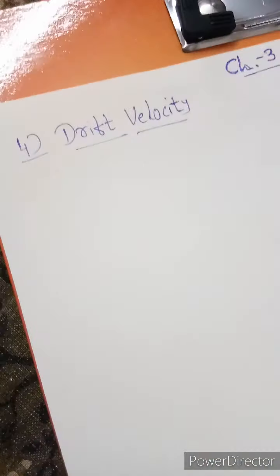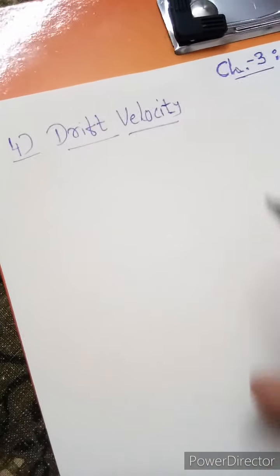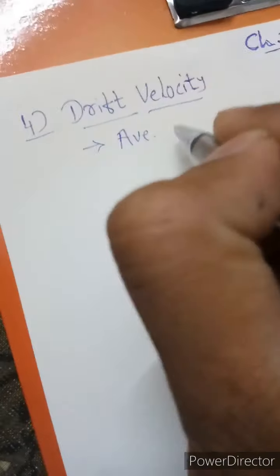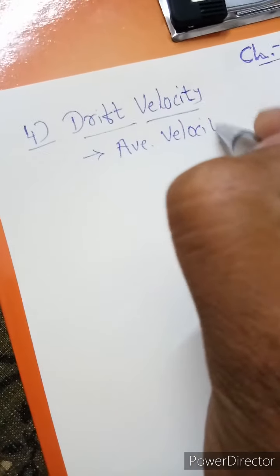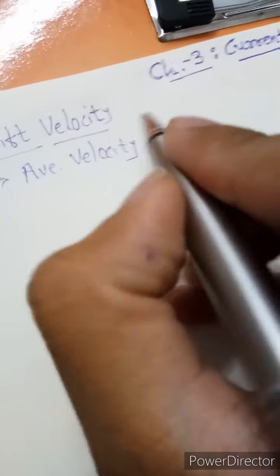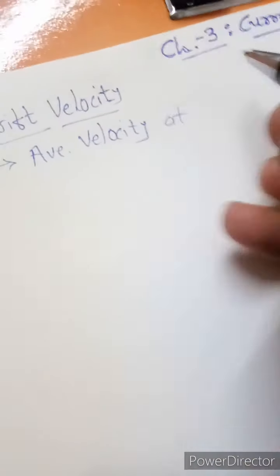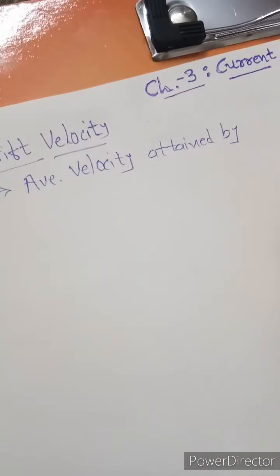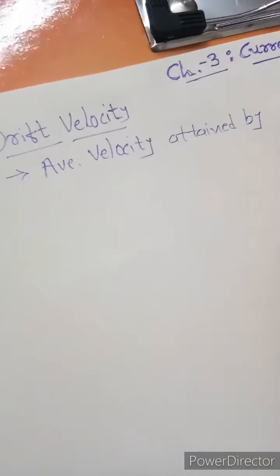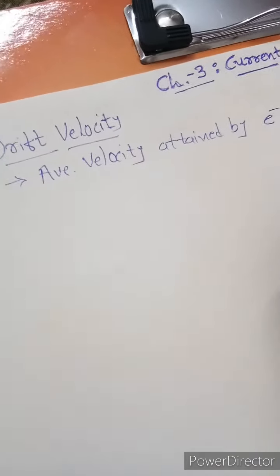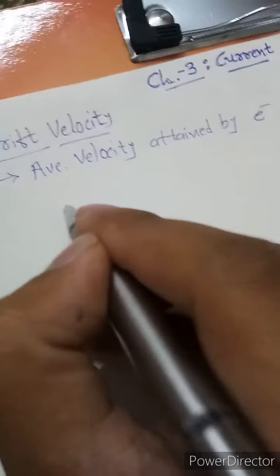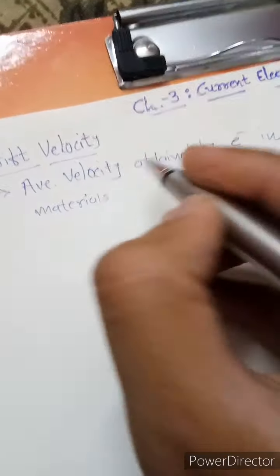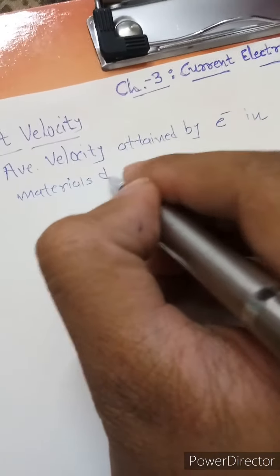So first question is, what is drift velocity? Drift velocity is nothing but the average velocity attained by charged particles such as electron in material due to electric field.